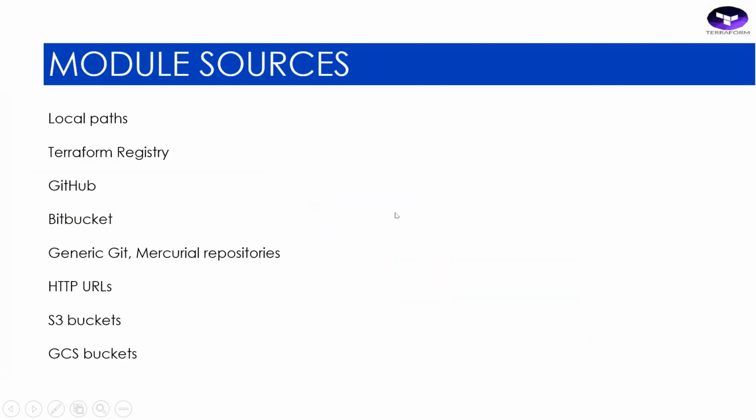For the source we can use a local path, Terraform registry, GitHub, Bitbucket, an HTTP URL, an S3 bucket, and a GCS bucket as well. We talked about the local path. In this lecture I'm going to talk about Bitbucket, and the rest you can try.